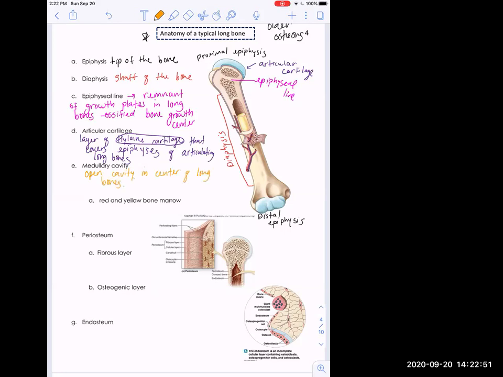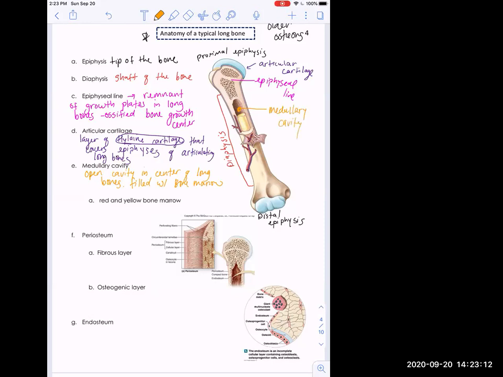The medullary cavity is filled with bone marrow. It depends on what type of bone marrow based on your age, but it's filled with bone marrow. So this would be your medullary cavity, and it would run the entire diaphysis of the bone.